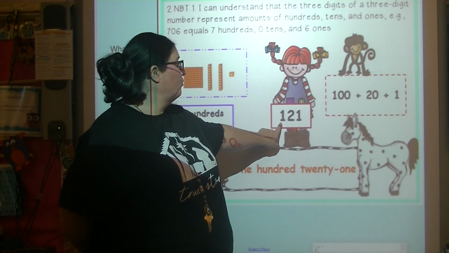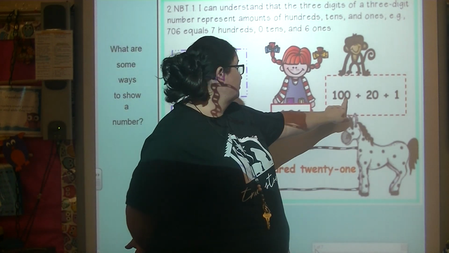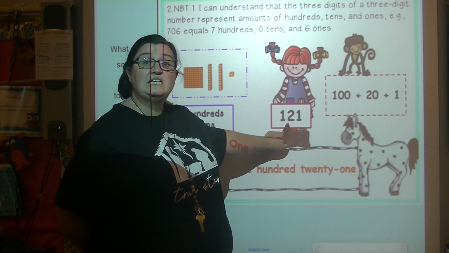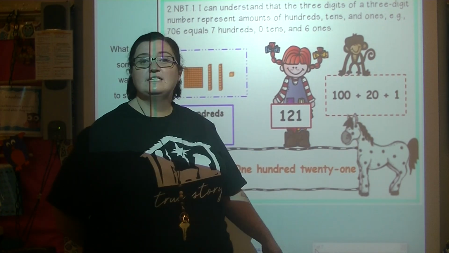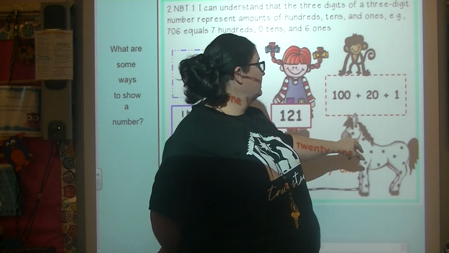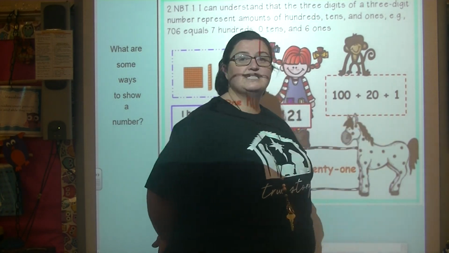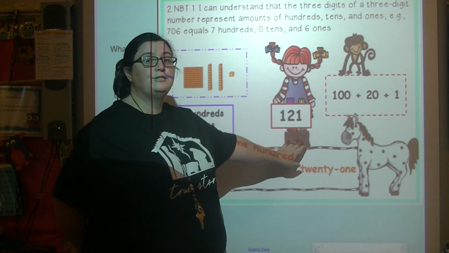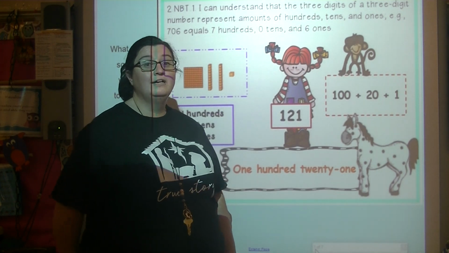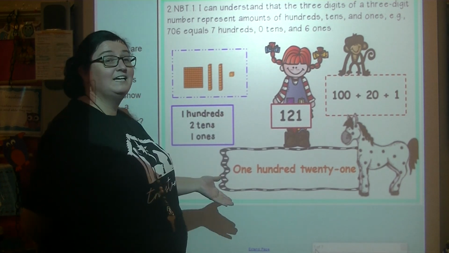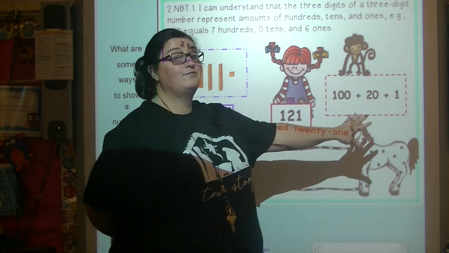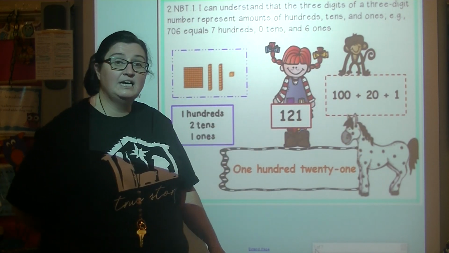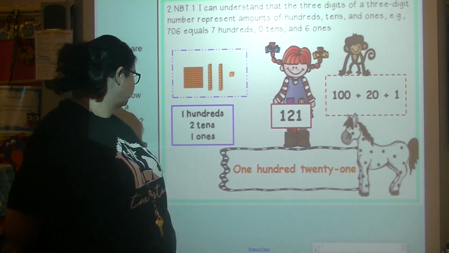So the 1 for 100 is 100, plus 2 tens is equal to 20, plus 1 one is equal to 1. So 100 plus 20 plus 1 also equals 121. So by the end of our unit, you will be able to tell all these different ways of representing a 3-digit number.